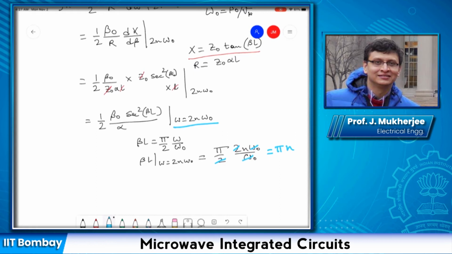So then Qu equals beta 0 on 2 alpha times pi n, which is equal to beta 0 on 2 alpha.